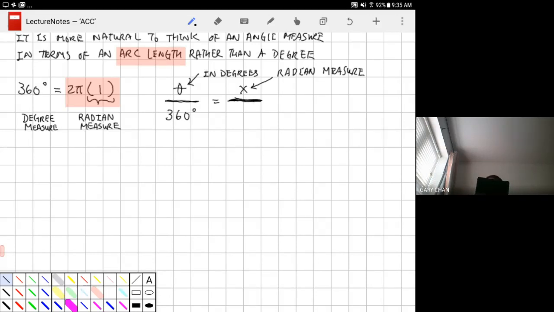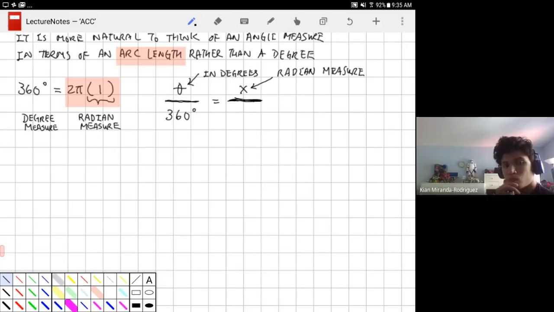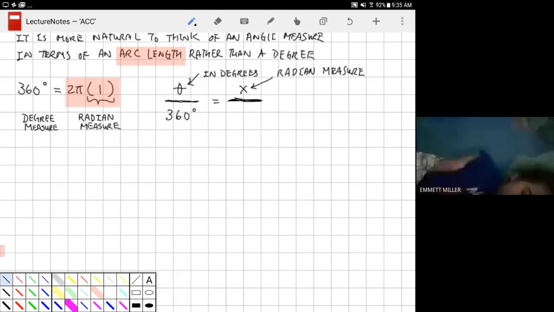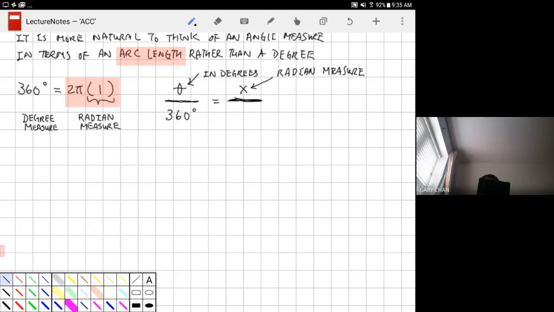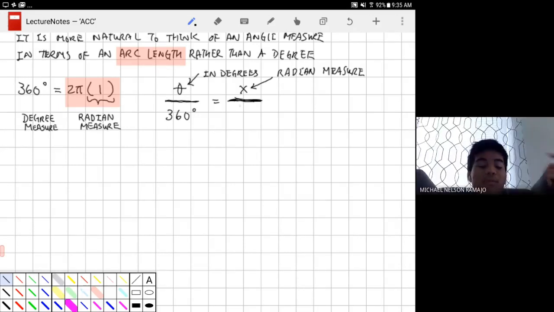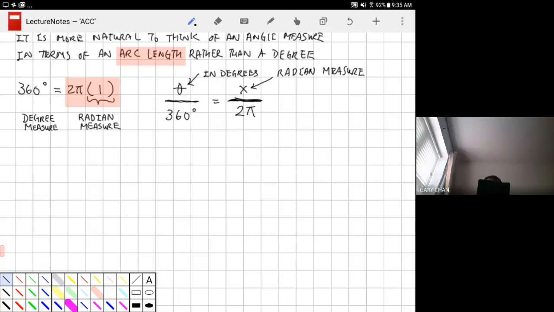What is the full length going around that unit circle again, one more time? What is the full length going around the circle, guys? Circumference, which is 2 pi times 1, so 2 pi, as Emma said.